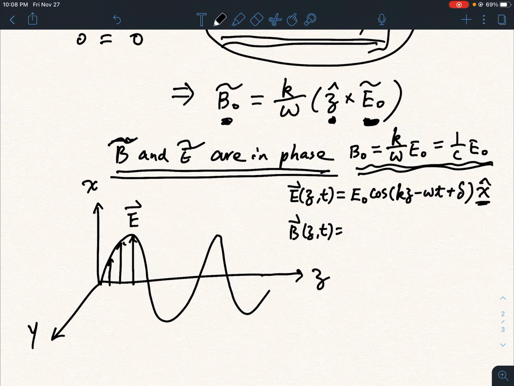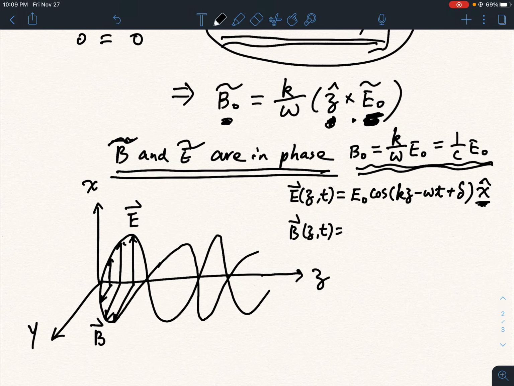Because E is along the x direction, z cross x gives us the y direction. So B is moving in the yz plane. So the B field is something like this.